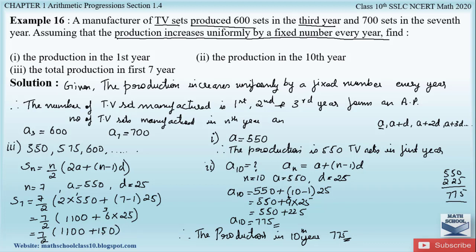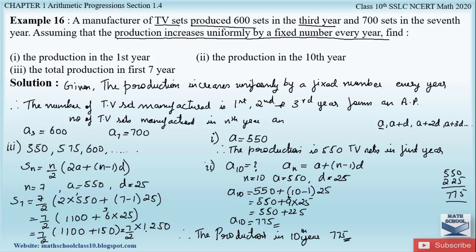Now adding these two terms, you will get 7 divided by 2 into, if we add these two terms, 0 plus 0 is 0, 5 plus 0 is 5, 1 plus 1 is 2, and 1, so 1250.